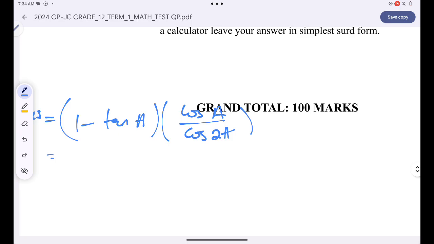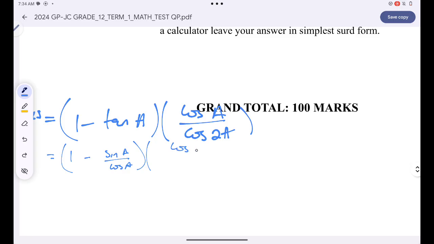The first thing I need to do is to make sure that I change everything to be in terms of sine and cos. So I will have 1 minus sine a all over cos a. Are you together?